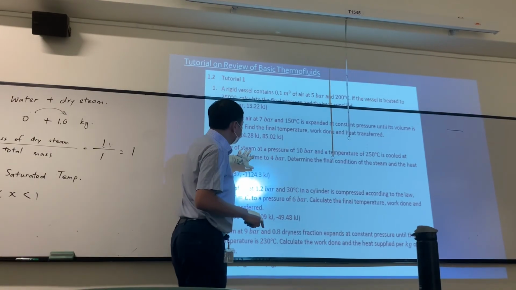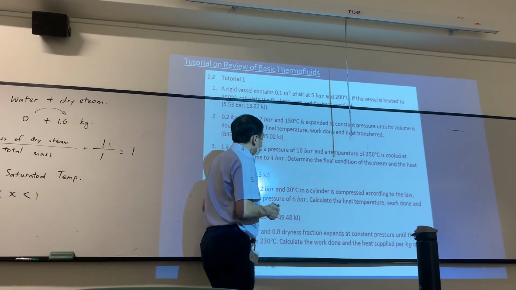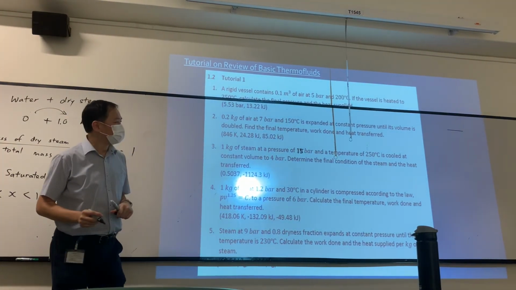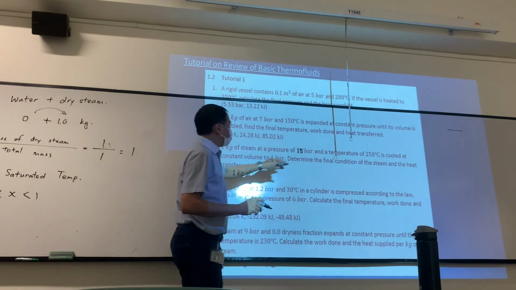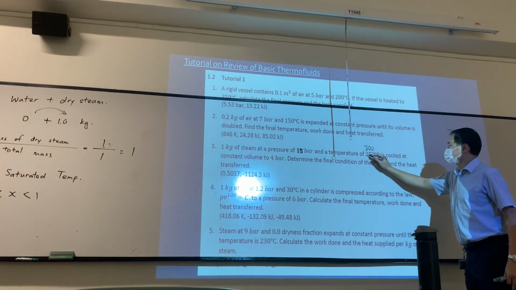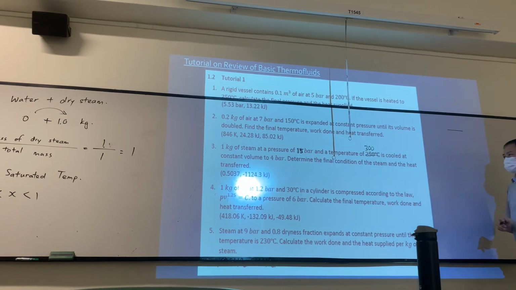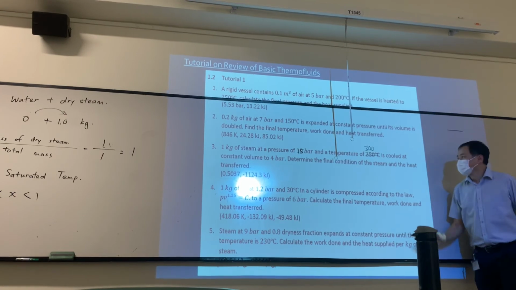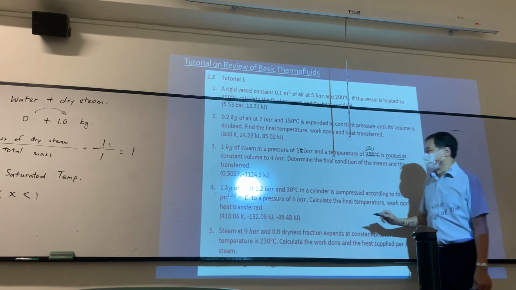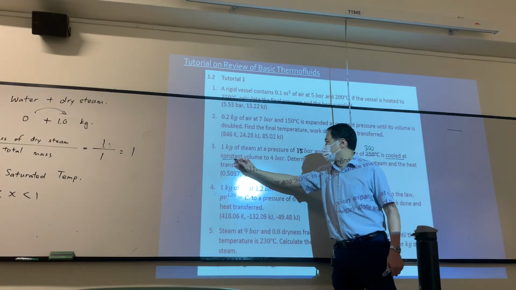1 kilogram of steam at a pressure of 15 bar and a temperature of 300 degrees C. Instead of 250, I change to 300. It is cooled, so heat loss, at constant volume.